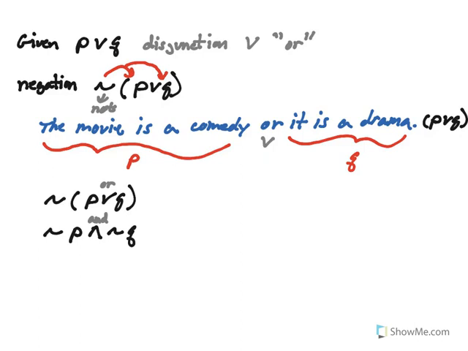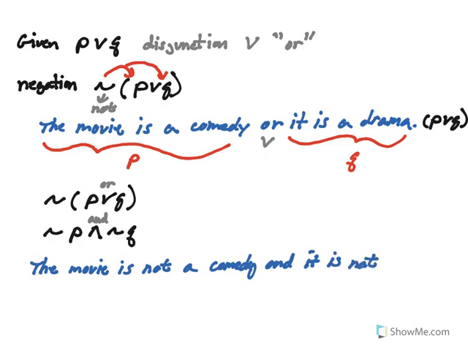So we have to distribute that not, and then we can take the same statement we had earlier and just write it. We can say the movie is not a comedy, and it is not a drama.